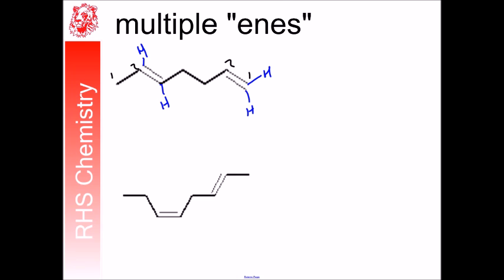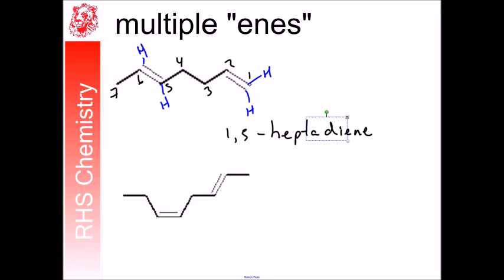So I'm going to go from right to left: 1, 2, 3, 4, 5, 6, 7. So this is heptene. But there's two of them, so it's heptadiene. There are two enes, one starting at carbon number 1, the other one starting at carbon number 5. 1,5-heptadiene.